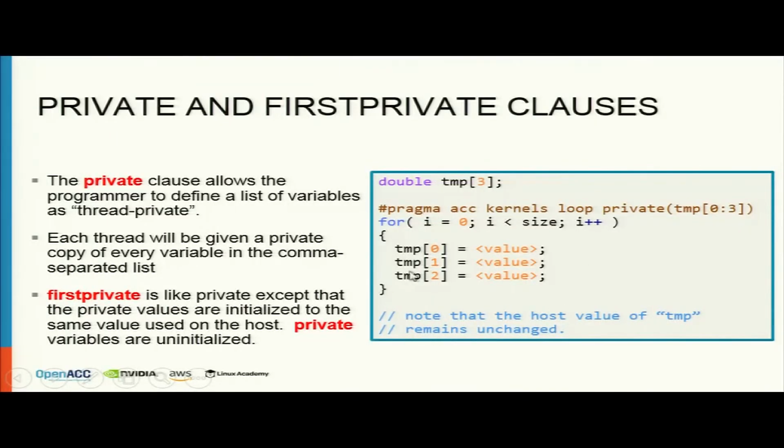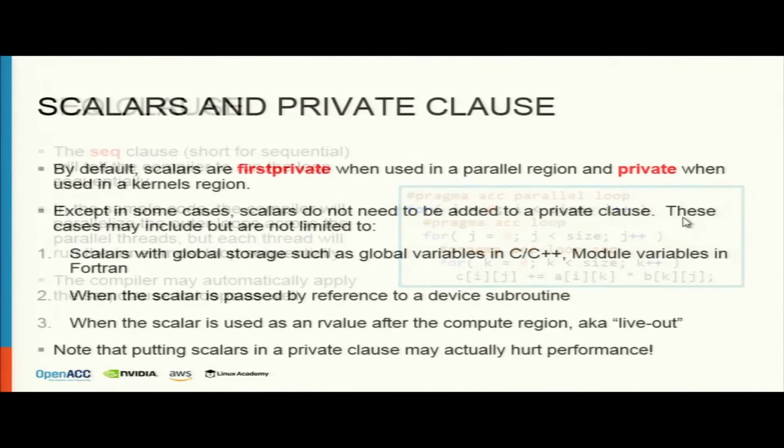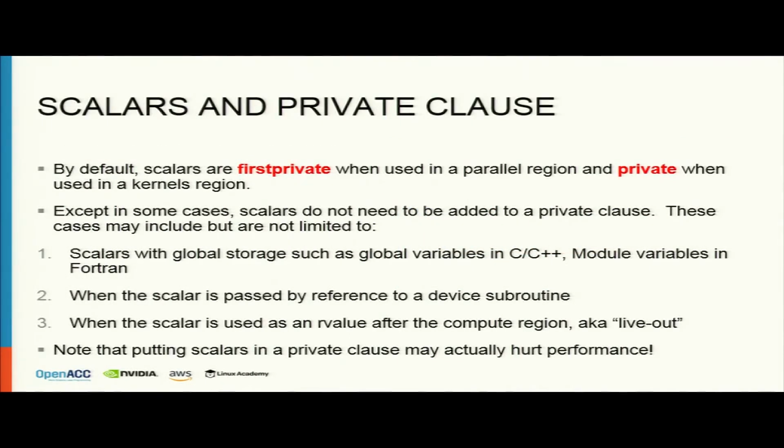So that's why since temp was an array and we wanted to make it private, we had to explicitly add private here, right? And that is what is shown in this particular slide, the rules. By default the scalars are firstprivate when used in a parallel region, and private when used in the kernel region, right? Now this is something which is specific to PGI.